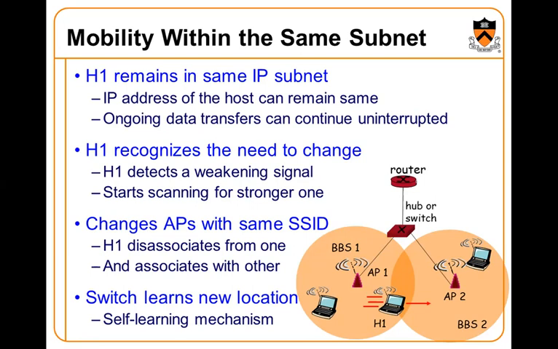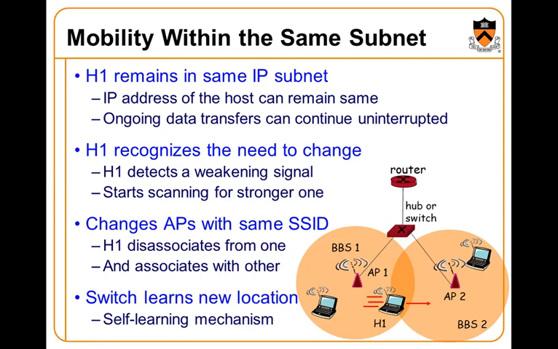As host 1 is moving from access point 1 to access point 2, gradually the signal strength of access point 1 will decrease and the signal strength of access point 2 will increase as the distance of host 1 will be minimizing with this movement.